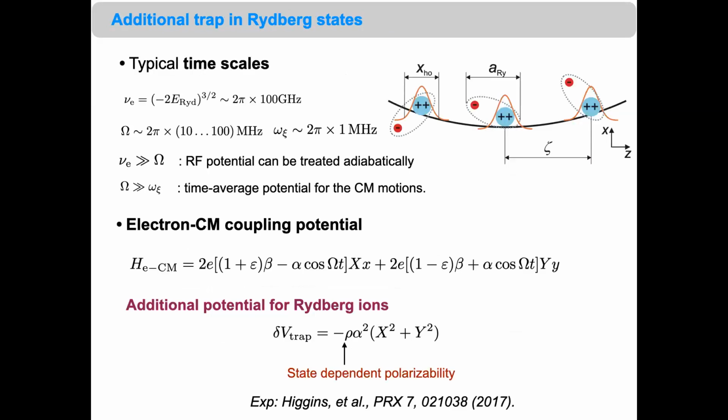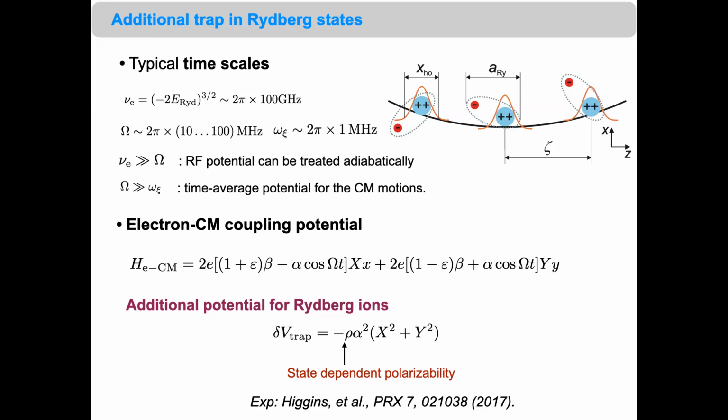Now, since we know that the Rydberg electron will couple with the central mass motion, we have to see how we can treat this term. If we look at the typical time scales in the system, for the Rydberg electrons we can define a Kepler frequency, which is on the order of tens or 100 gigahertz, and the RF frequency is typically from a few tens to 100 megahertz.